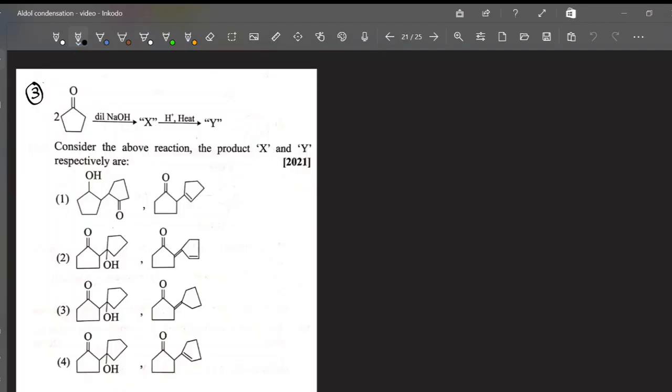Again we can see here X and Y. They are asking for the aldol also, so we must go through the mechanism, because they are asking both. They have taken cyclopentanone, and it is reacting with another cyclopentanone.